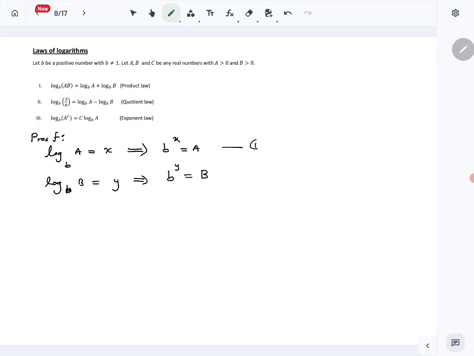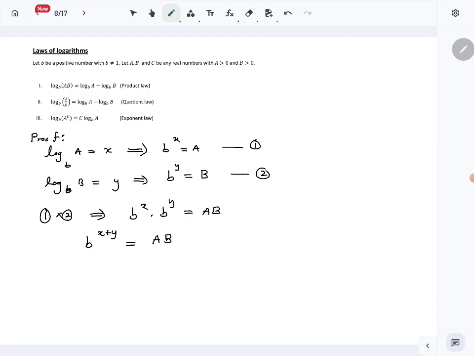Let's take this as 1, this as 2. Let me multiply 1 and 2. Then what do you get? b to the x times b to the y equals ab, that is b to the x plus y equals ab.